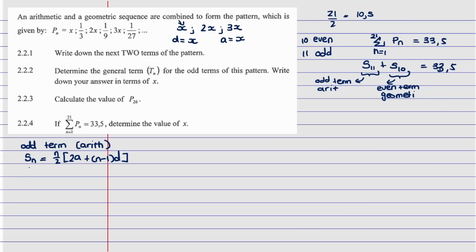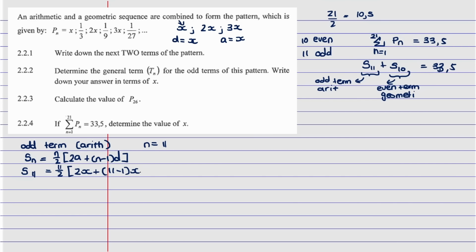So we're going to substitute. Our n in our case here, because we're looking at odd terms, is going to be 11. So S11 is equal to 11 divided by 2, then here's going to be 2x plus 11 minus 1.